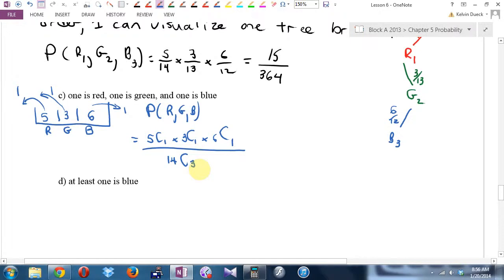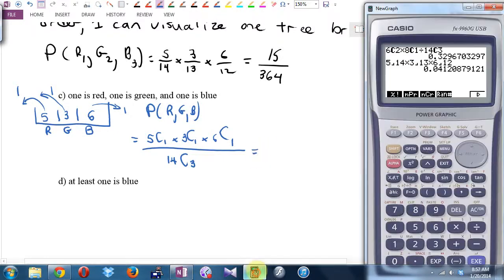By the way, small shortcut, I think 5 choose 1 is 5. I think 3 choose 1 is 3. I think 6 choose 1 is 6. So if you're really lazy, you could just go on the top, 5 times 3 times 6 over 14 choose 3. Because if I recall, the choose 1s were just that number, right?